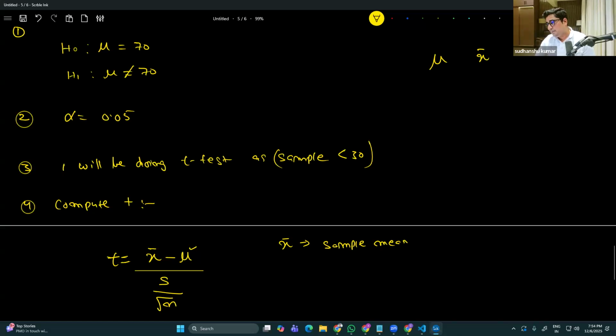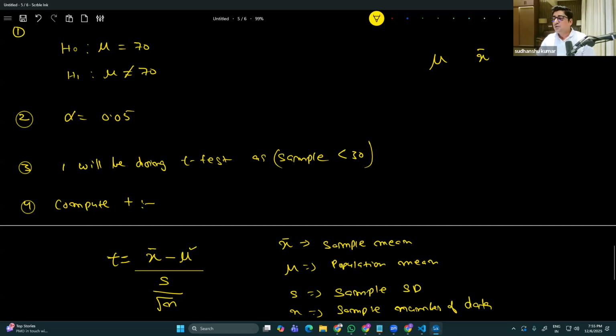Sample mean is x bar, mu is nothing but the population mean, S is nothing but the sample standard deviation that we are going to calculate, and N is nothing but the number of data, the number of samples.